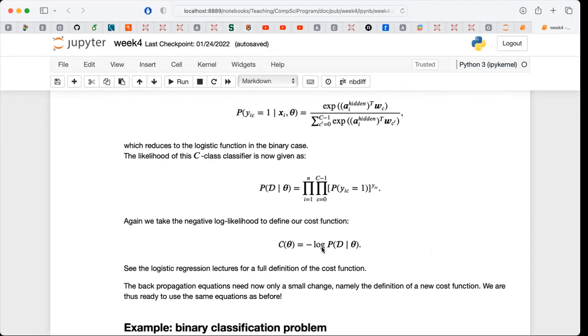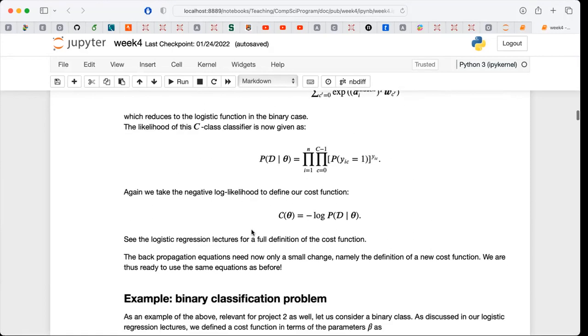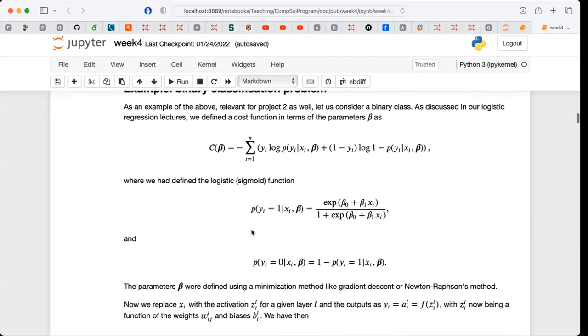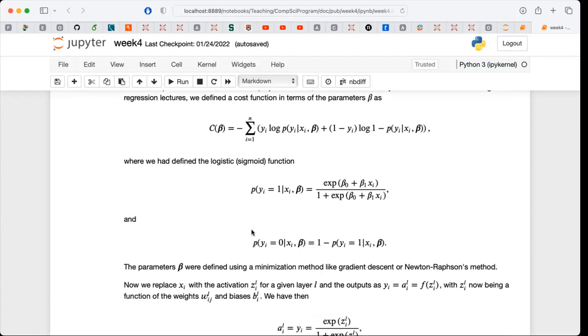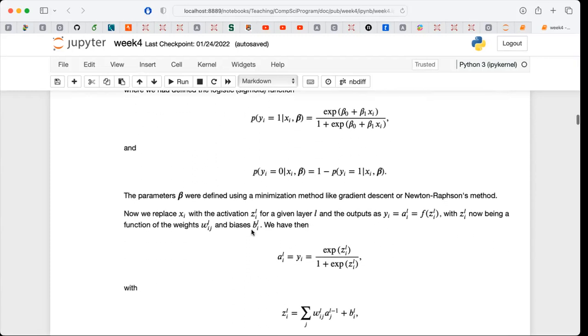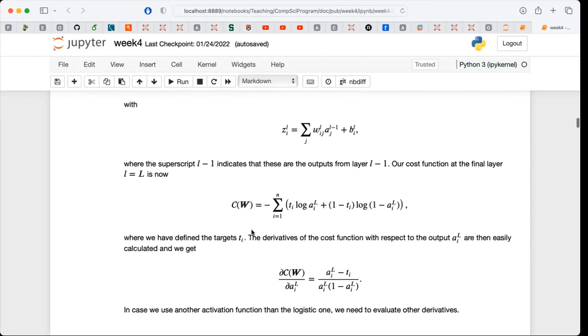And you can again take the log of this function and do the optimization. Then you would find the cost function here. In the slides, I just put in the binary case, but it's pretty easy to also look at the case when you have more than just 2 classes. So these are quantities which we discussed previously.